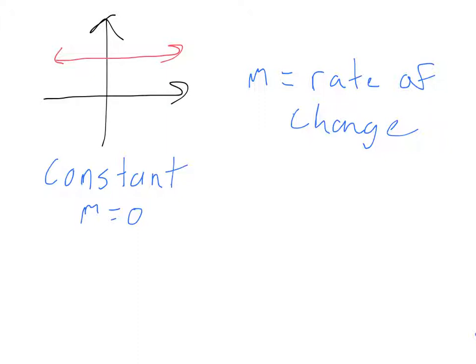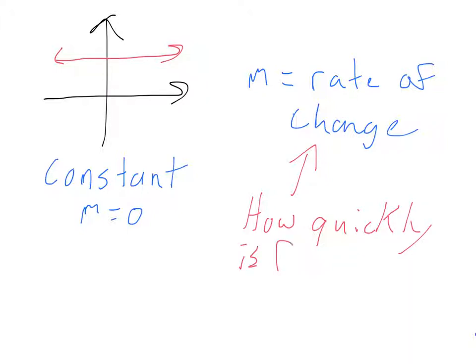A function that's shallower, or a constant function, in this case right here, which is not increasing that much, does not have big changes in y for the same size change in x. And so this whole idea of slope being the rate of change of the function is going to become important, and it's going to tell us whether the function is increasing or decreasing, and how quickly it is increasing or decreasing.